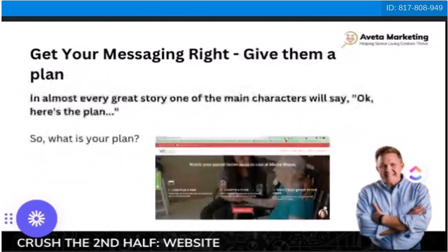All right. The other thing in your messaging that a lot of people miss is a plan. Okay. We as humans, we really do love and want an easy, like, how do we get from this side of the river to that side of the river safely, right?